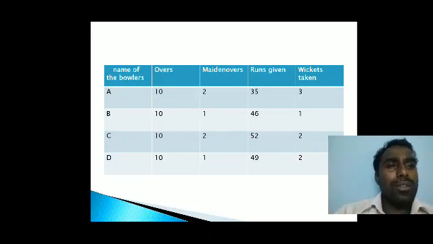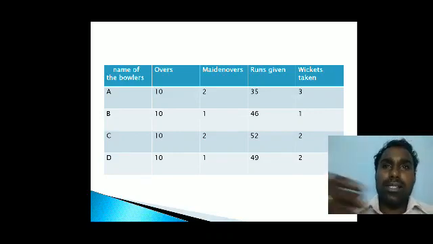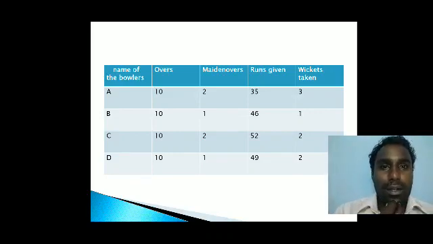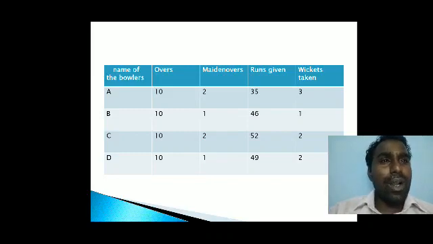Why do we have to put this in a tabular column? Because we have to record something, right? What we record, we call information. For a particular event, we took some information, or we are analyzing some information.